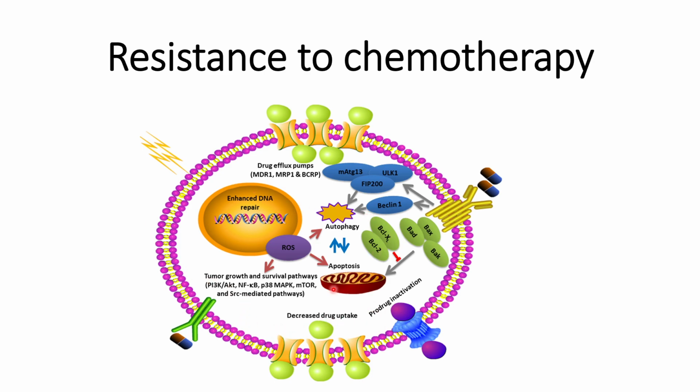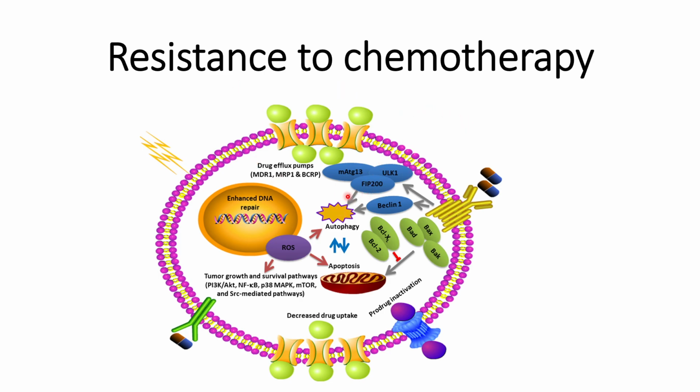These are some of the approaches used by tumor cells to prevent themselves from the triggering of apoptosis or programmed cell death. That is the reason why some solid tumor cells are more prone or resistant to chemotherapy.